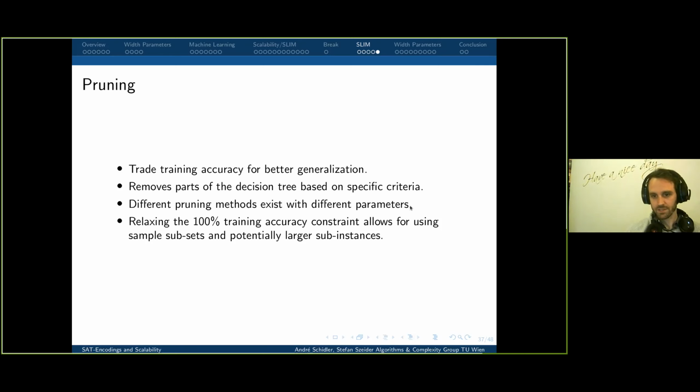And just looking at pruning, because this was asked quite frequently by reviewers, or when I talked about this paper: how does it work with pruning? And then we said, yeah, we're going to look into this. And then we found out that these are a lot of extra parameters you have to tune.